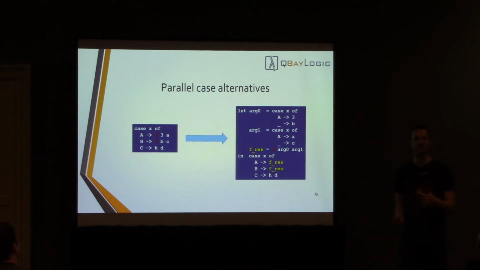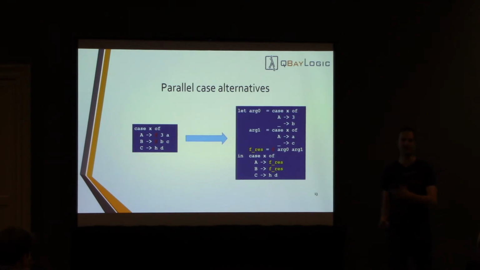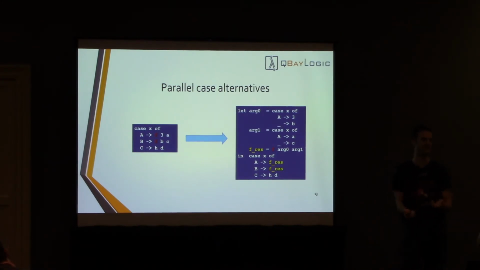This is just one of the optimizations that Clash applies to make sure that your circuit doesn't use as much space. And this is all because of the speculative parallel computation of your case alternatives.